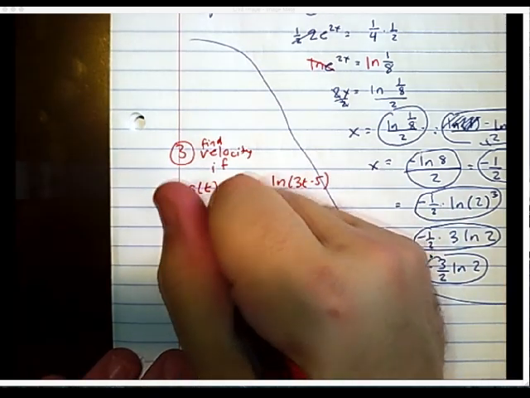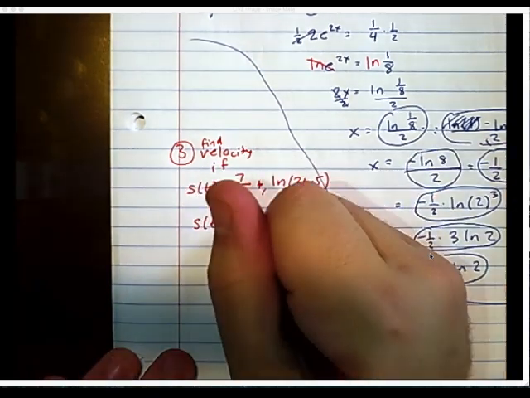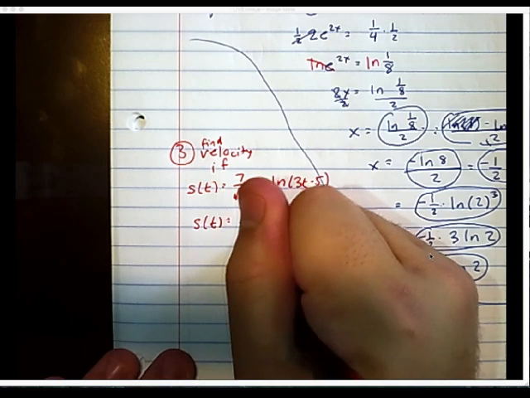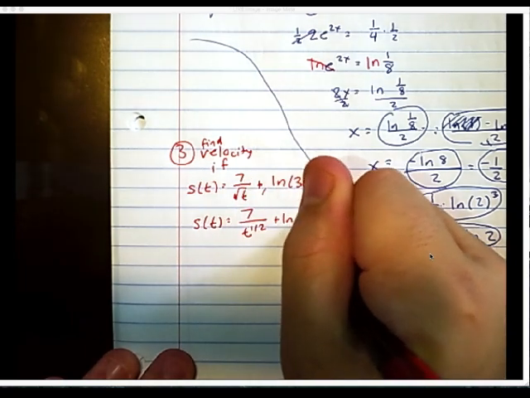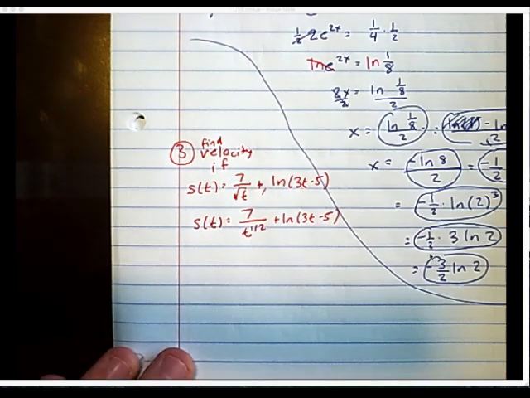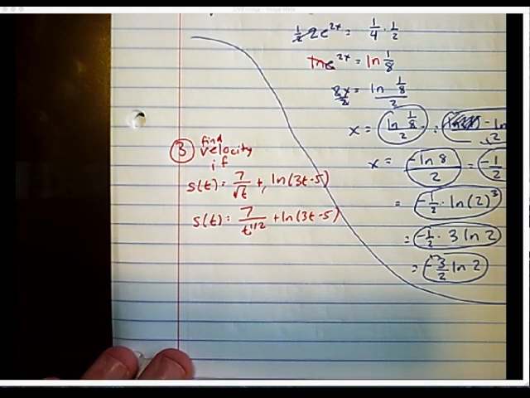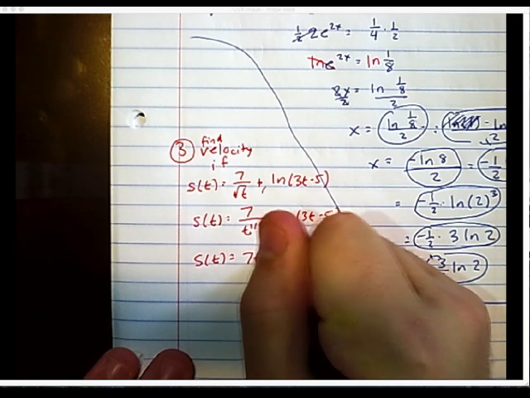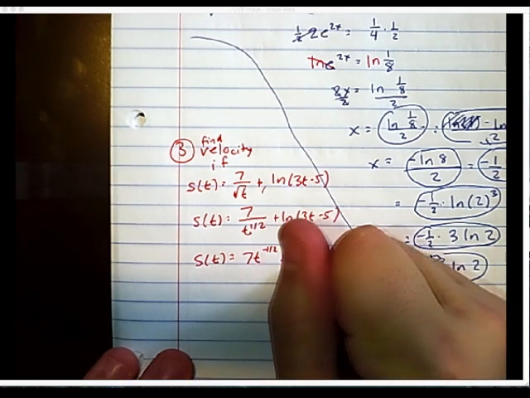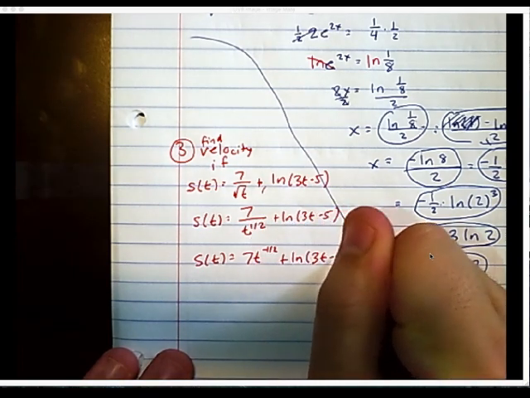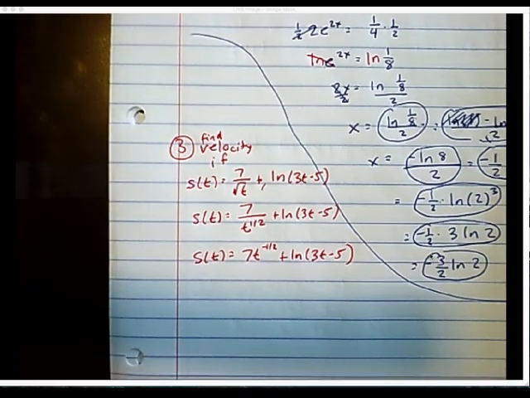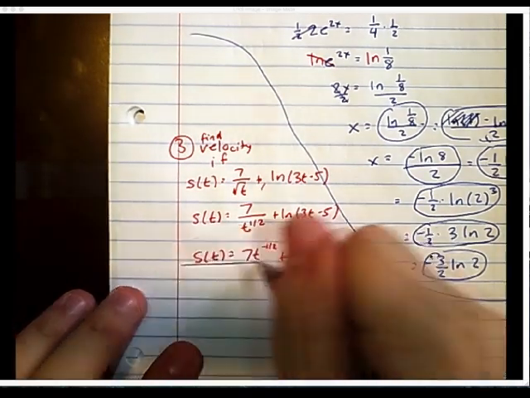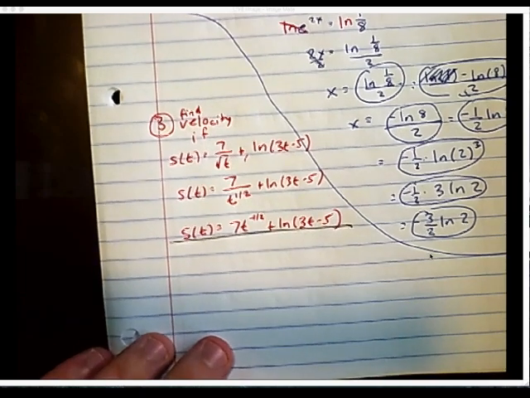So what I would do before I find velocity, I would rewrite the position function. Write that as 7t to the negative 1/2 power. So now it's in a good spot to take a derivative.